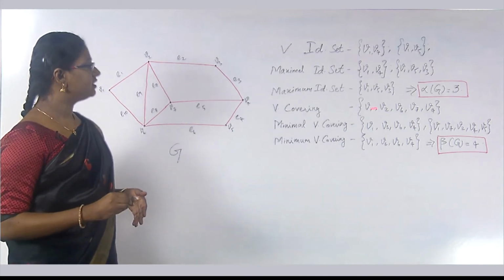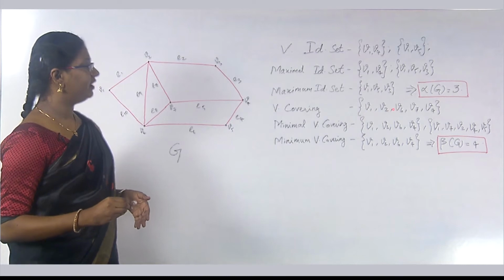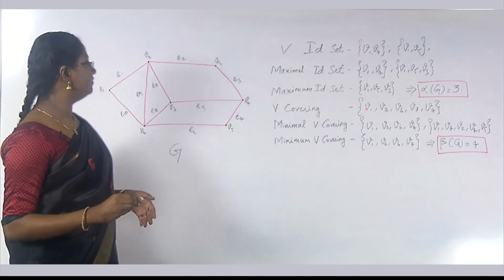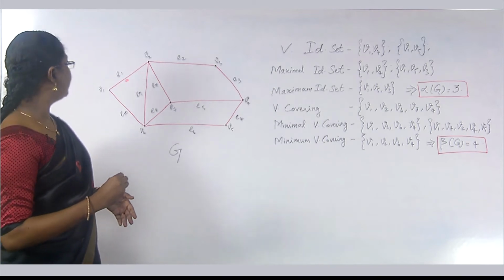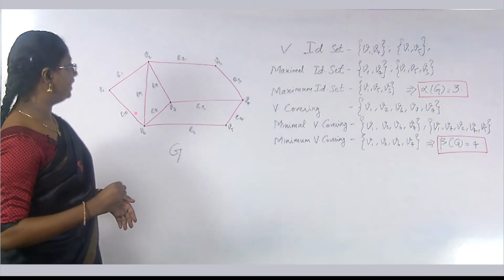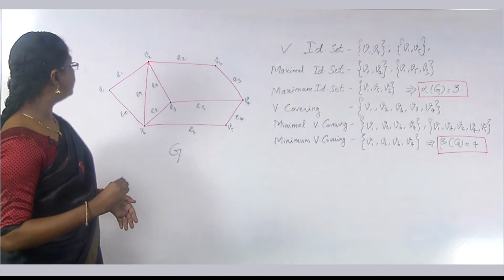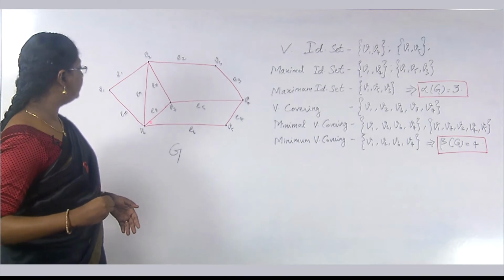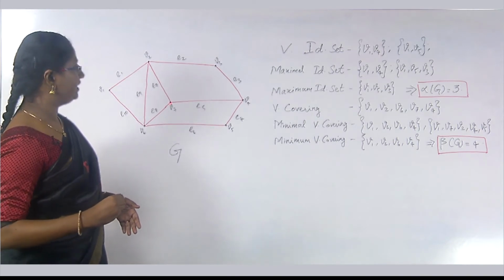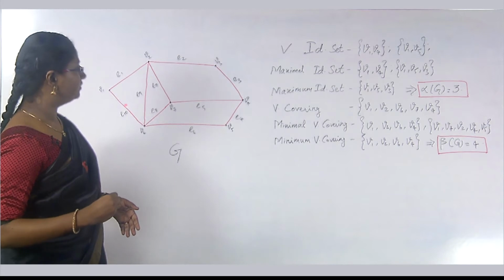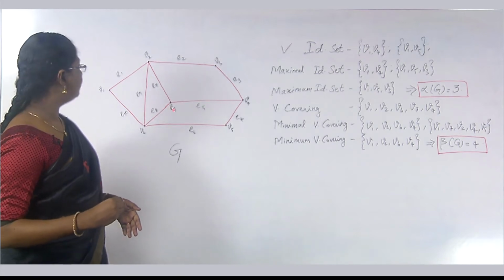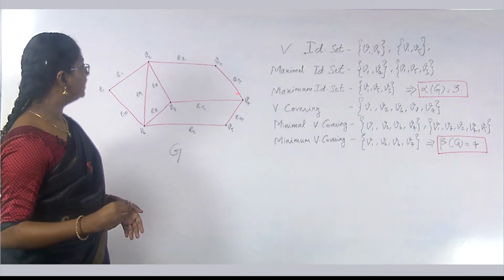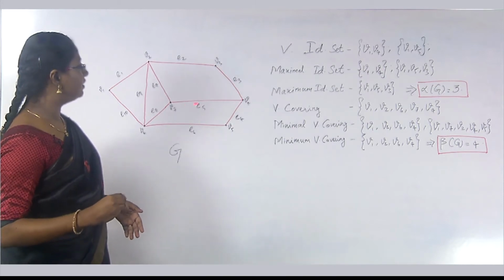So, our focus will be on minimum covering and minimum covering number. Okay, first consider this set V1, V2, V6, V7, V4. V1 will cover the edges E1 and E10, and V2 will cover the edges E2, E9, E7. V6 will cover E6, E8, and E10 is already covered here, and V7 will cover E7, E8, E5, and V4 will cover E3, E4, and E5 is already covered here.